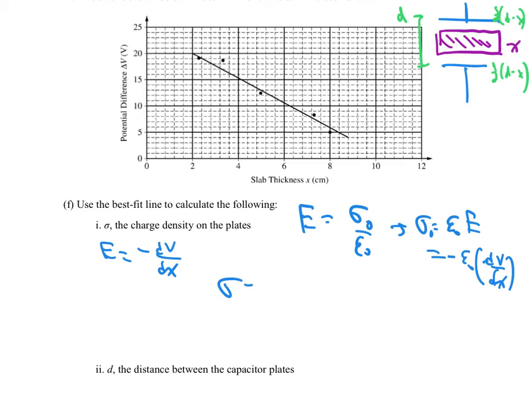Cleaning up my writing a little bit, sigma is going to be minus epsilon naught, which is pulled from our equation sheet as 8.85 times 10 to the minus 12 in crazy units, which are coulombs per Newton times meter squared.